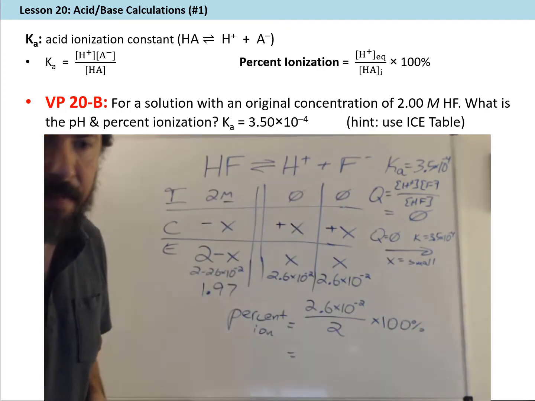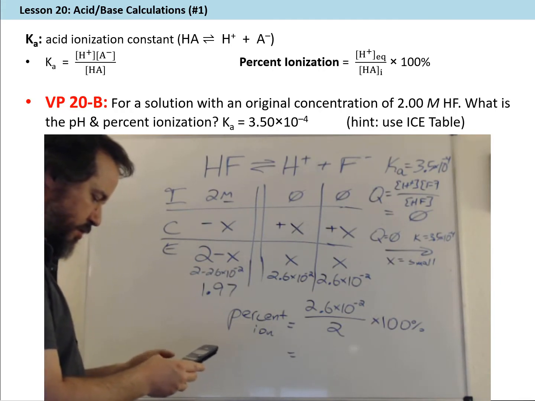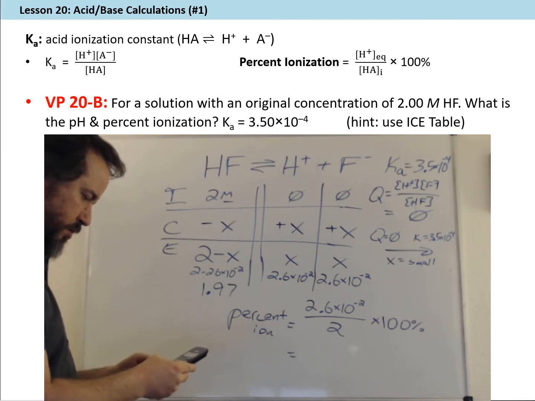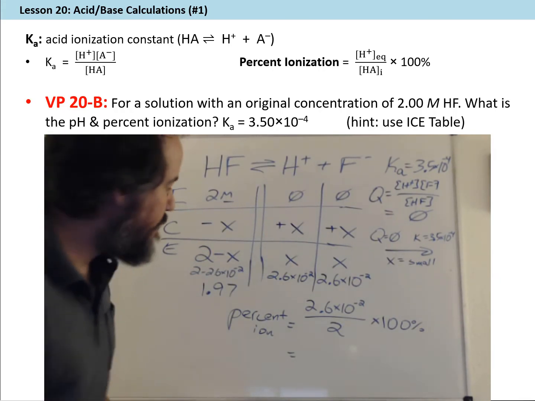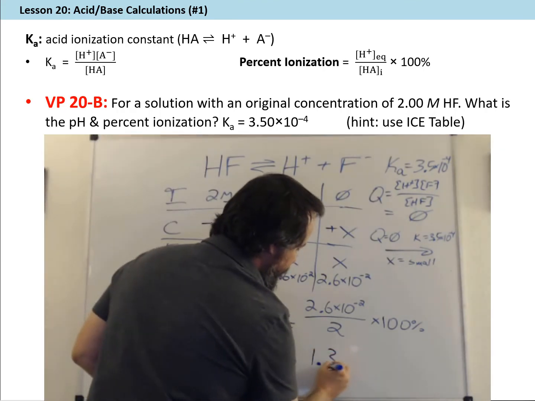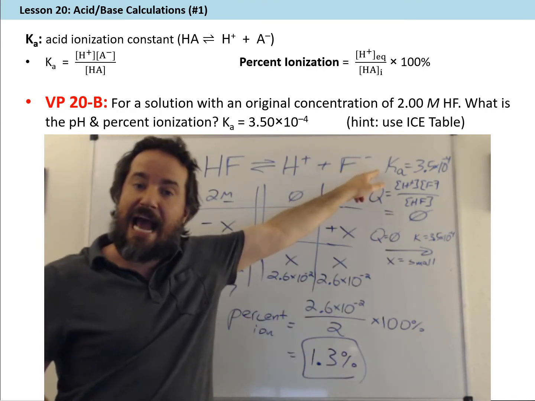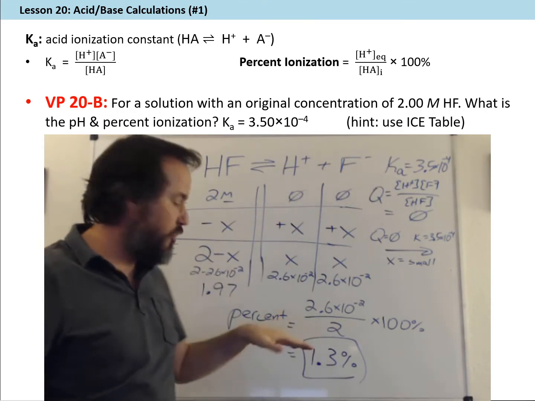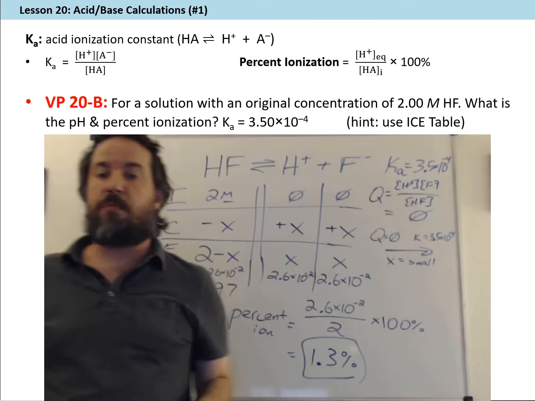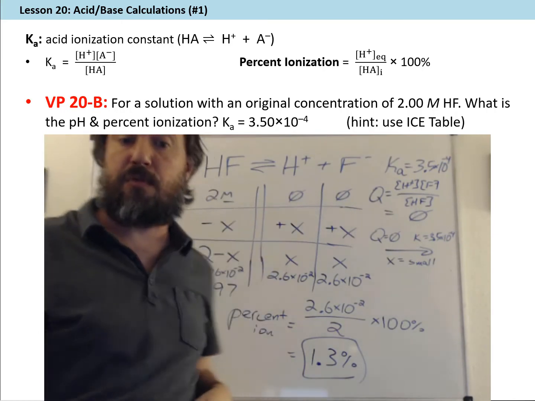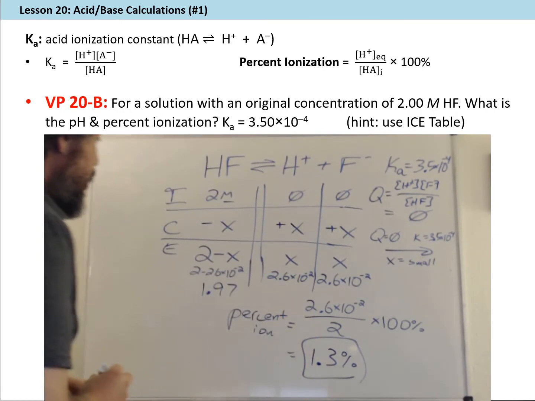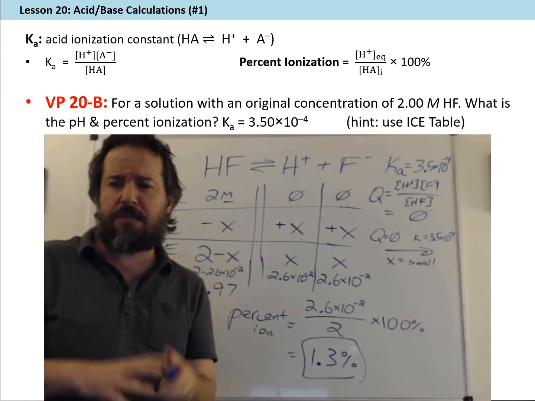So this is going to get me my percent ionization. And I get 1.3%. That makes sense because at the very beginning I said this is a weak acid. And what do weak acids do? They only ionize a very small amount. In this case, 1.3%.